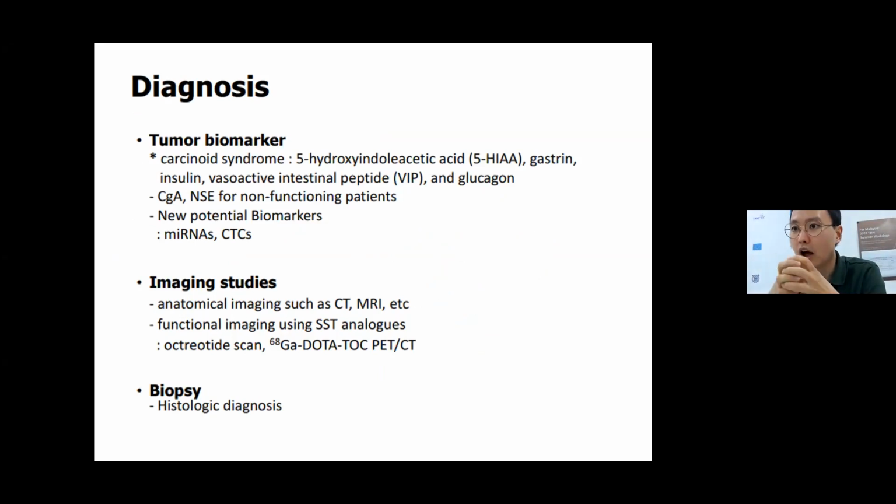Imaging studies are also applied for neuroendocrine tumor evaluation, with CT and MRI for anatomical imaging. In our field, we can use functional imaging using a somatostatin analog, which is an octreoscan, or when labeled with gallium, we can use gallium DOTATATE PET CT. For the final diagnosis, we use biopsy for histology correlation and grading of the tumor.